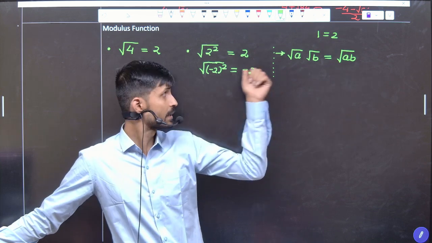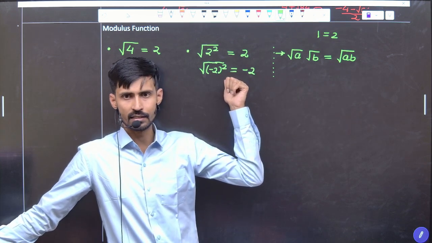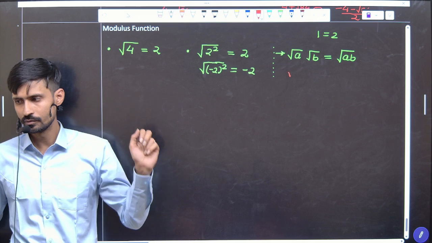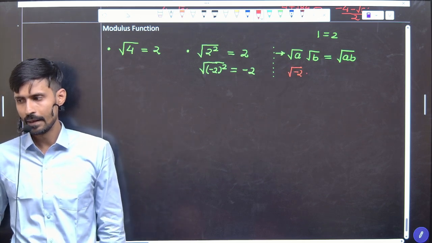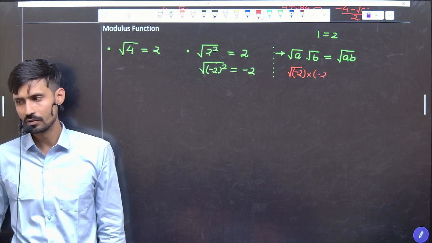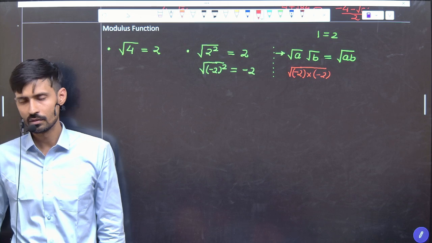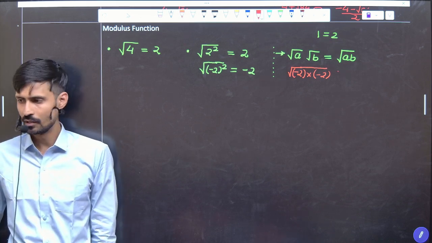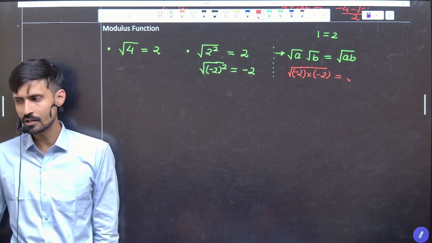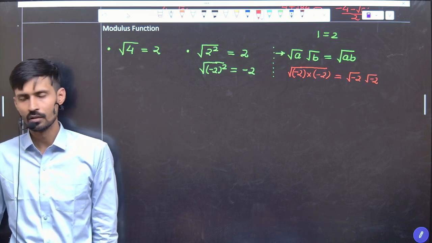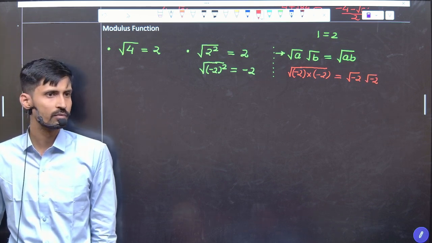Same thing is happening here. The square root of (-2) squared: can we write it as the square root of (-2)(-2)? Yes or no? And can you separate this into the square root of -2 times the square root of -2? No. You cannot separate it.